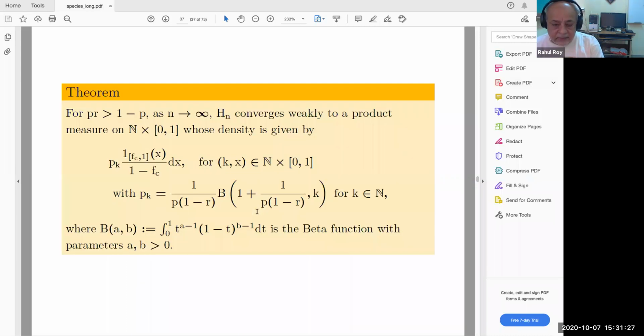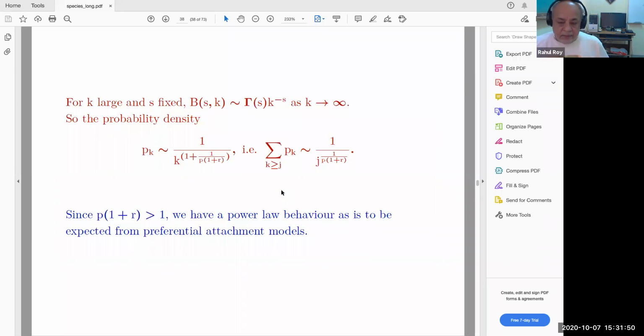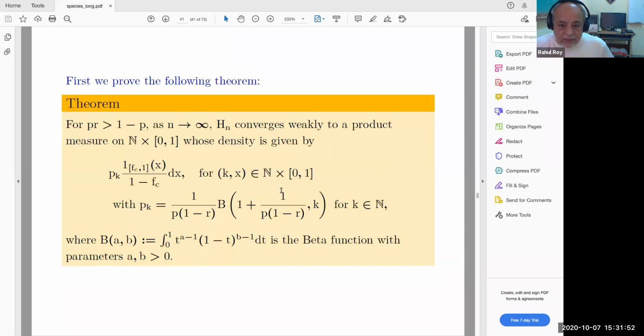We said H_n converges weakly to this product measure, where this part is easy, just a uniform distribution. The number of sites are uniformly distributed, and this p_k comes from the Yule process. So we want to prove this.